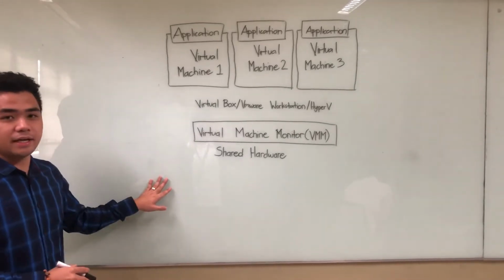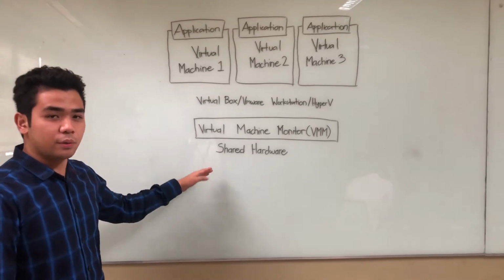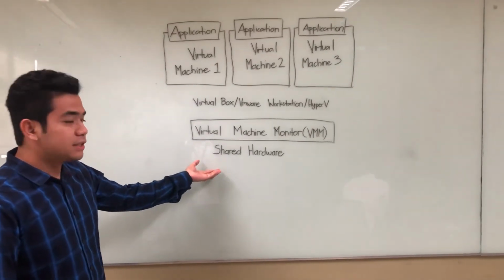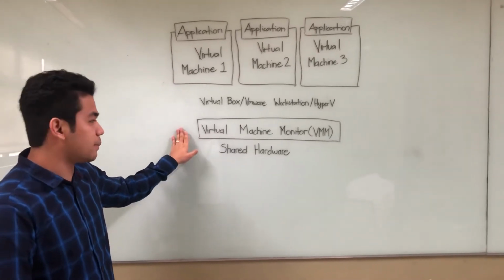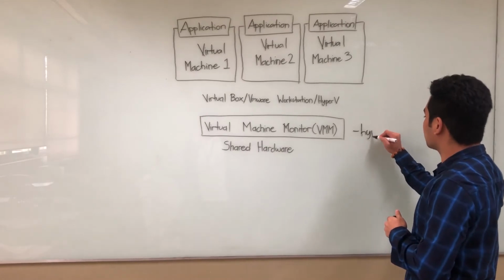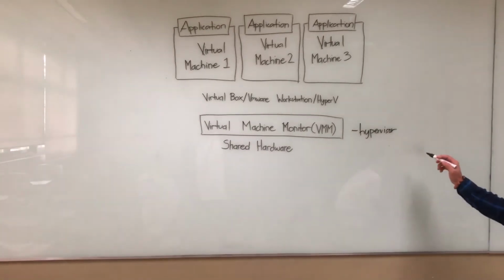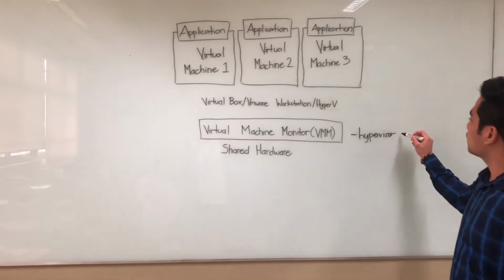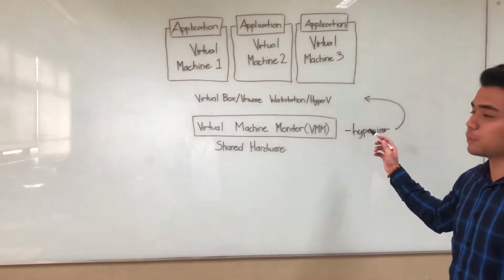So I have here a diagram of hardware virtualization. For example, we have shared hardware. In the shared hardware, we can install a virtual machine monitor, or VMM, also called the hypervisor. In this hypervisor, we can also install VirtualBox, VMware Workstation, and Hyper-V.